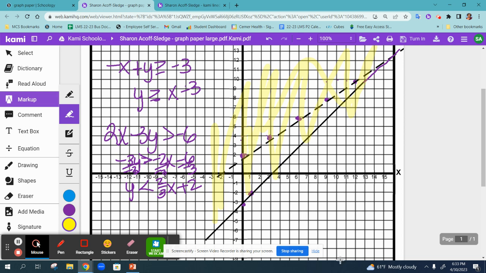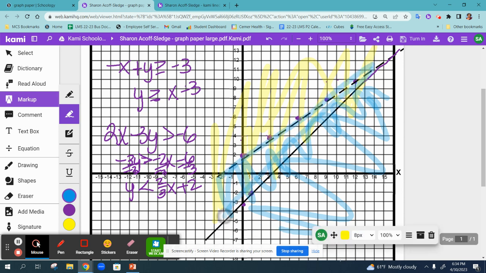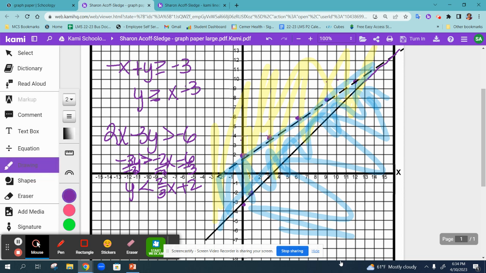Now this is going to be less than, so it's going to be under this line. So right there where it overlaps, right in here, this area is where your solution is at. I shaded that first line wrong. I apologize for that. It should be shaded above the line.